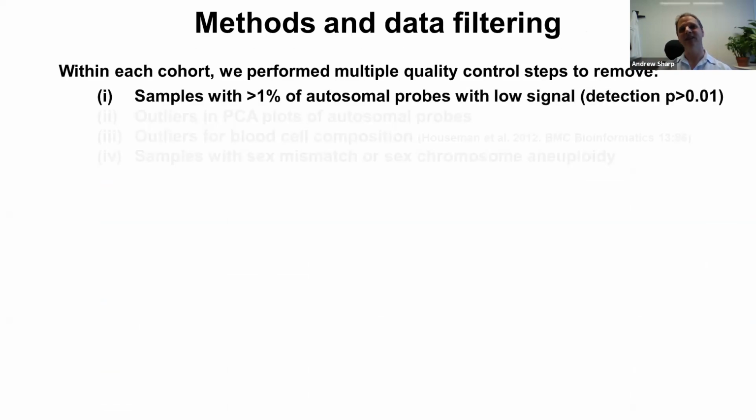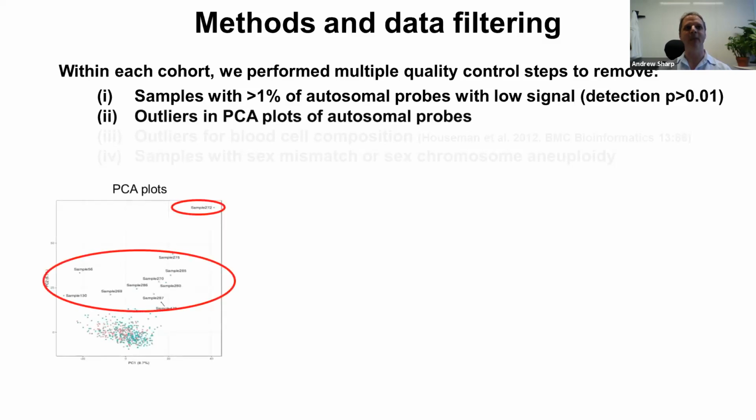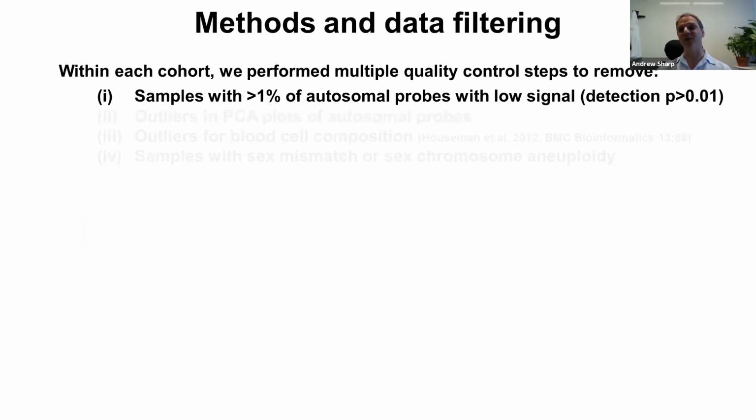Basic steps we did: for each individual, we calculate the fraction of probes that have a low signal intensity, and where that's more than 1% of all probes on the array, we throw that individual out. These typically mark poor hybridizations, or where there was insufficient DNA being hybridized, things like that. If you don't do that, what you find is we end up calling in some individuals even hundreds of outlier methylation loci that are nearly all false positives, just because the data is not very good quality.